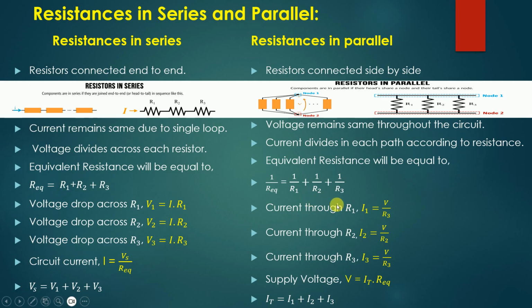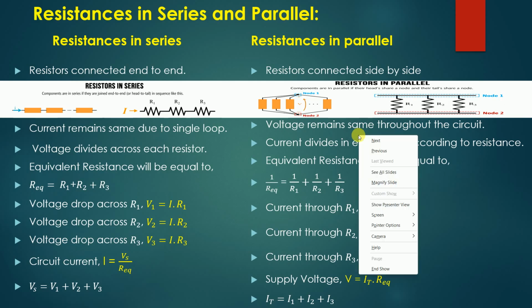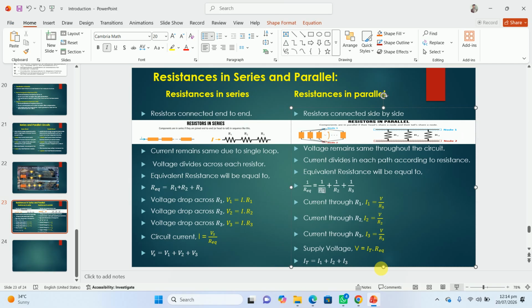Now if we have to find, because we know that in a parallel circuit current has to divide through each path, the current flowing through R1 will be I1 is equal to V over R. Sorry, here it is also R1, so I have to make a little change.